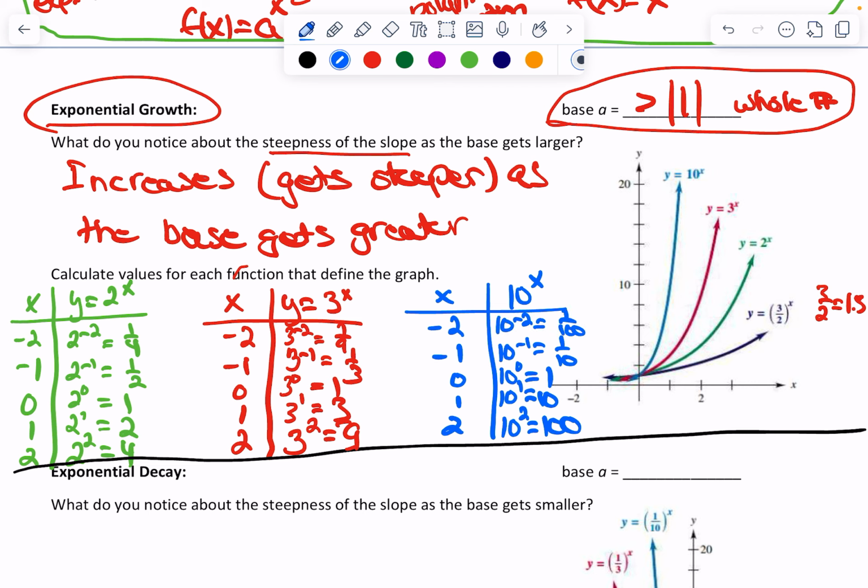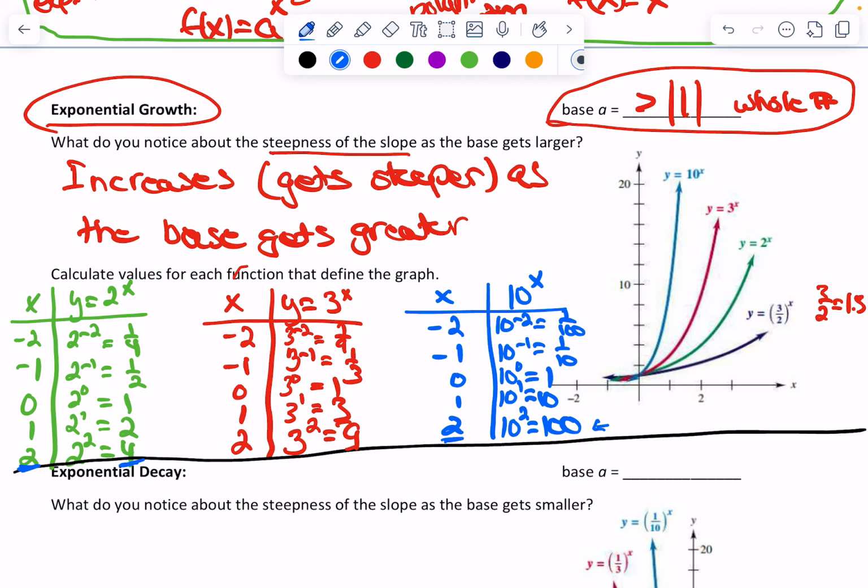So you can see, even with numbers like 10 to the power of x, that goes up quickly when x is 2. Your y is going to be 100, where here for y equals 2 to the power of x, when x is 2, your y is 4.